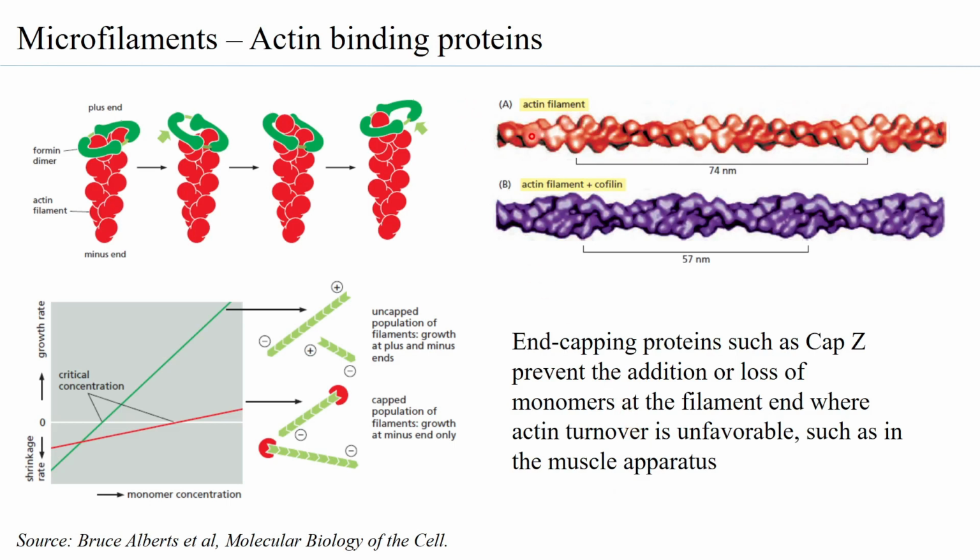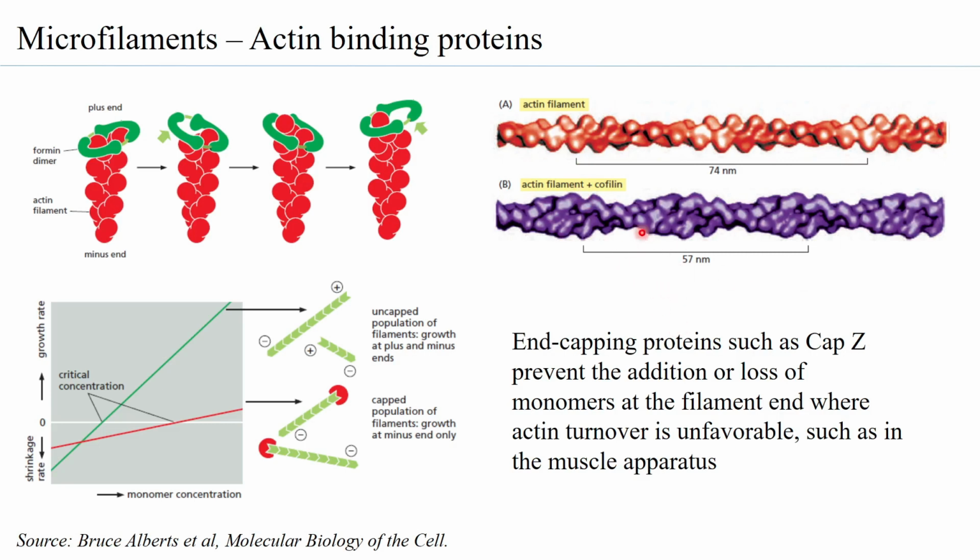Then say for example you have an actin filament bound to cofilin. You can immediately see that when it is bound to a third protein, there is a change in its structure also. So you can have a cofilin coming and binding to make the structure a little different from the usual coiled structure, where you have now additional proteins binding, and you can see how what is stretched into 74 nanometers now becomes contracted into 57 nanometers.